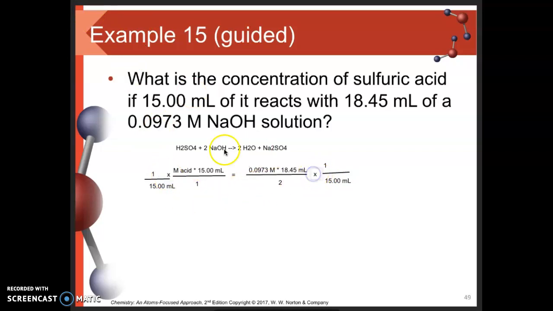And so doing that, my milliliters cancel on the one side and the 15 milliliters on the other side.